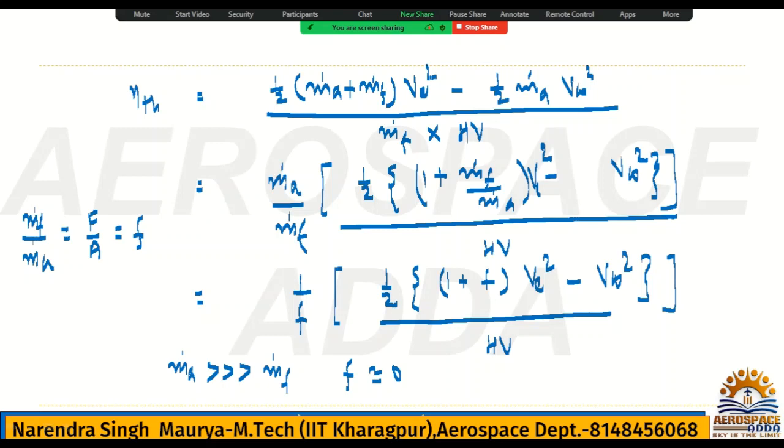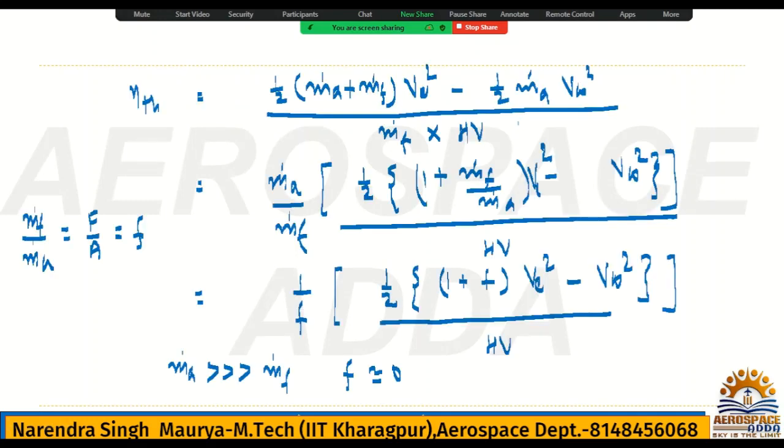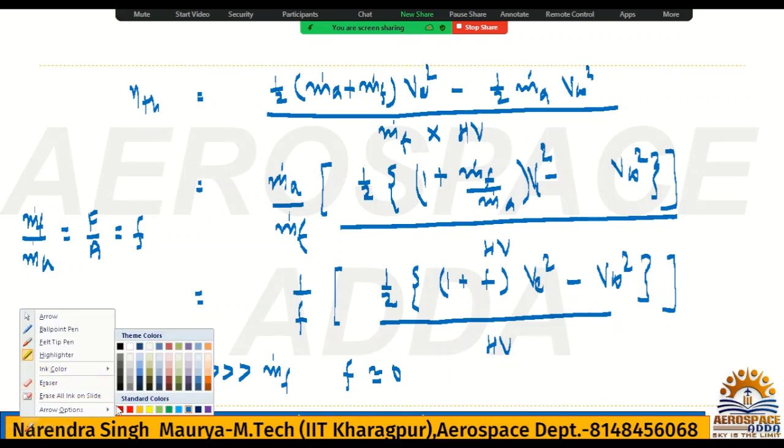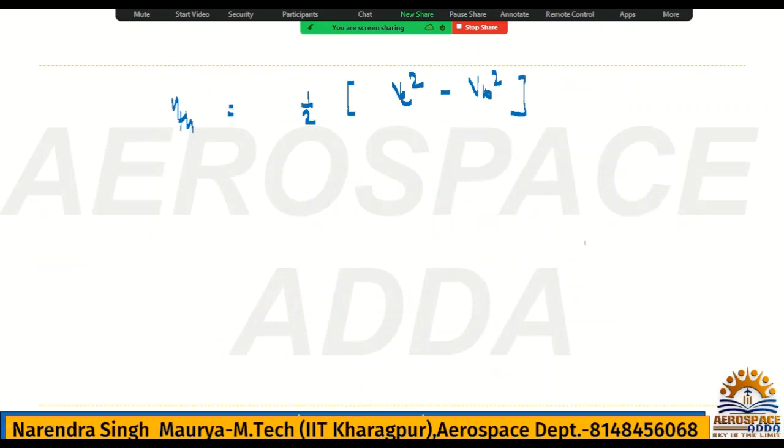Because 1 plus f is very small, 1 plus something will be 1, so 1 into ve square will be ve square minus v infinity square. I have removed a few steps. Directly you can understand, f is very small, so I can neglect that. So 1 plus 0 will be 1, 1 into ve square will be ve square here.